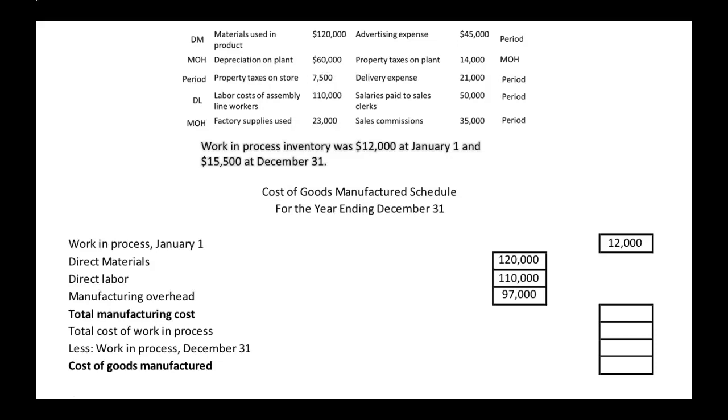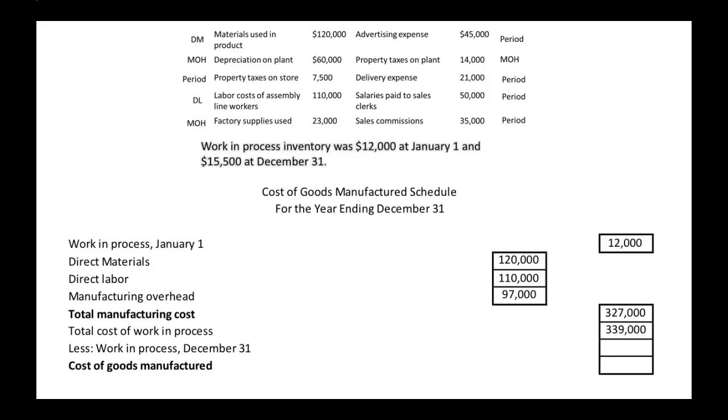So the total manufacturing cost was $327,000. The next line is our total cost of work in process. Well, we started with 12,000, and then our manufacturing cost that year was 327,000. We add those together and we get our 339,000 for the total cost of work in process.